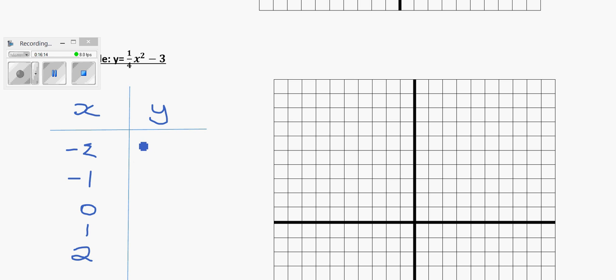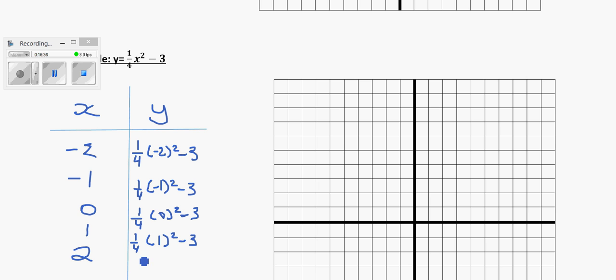So in the first example, we have 1/4 of -2 squared minus 3. We have 1/4 of -1 squared minus 3. 1/4 of 0 squared minus 3. 1/4 of 1 squared minus 3. And 1/4 of 2 squared minus 3.